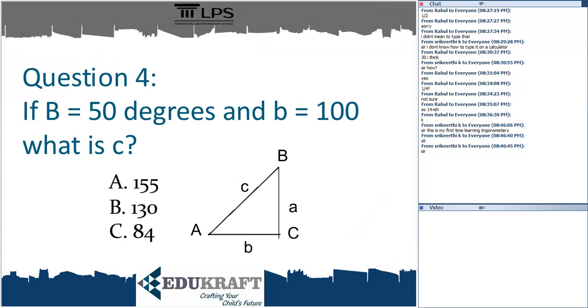The challenge here is to apply the appropriate rule. Okay, so if you see that this angle is 50 degrees, and this side B is 100.